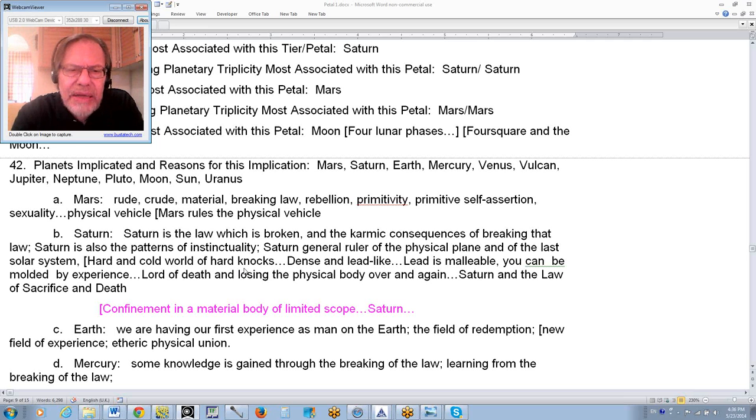But it was active in Atlantis. Still, the spirit must feel very confined. Right, that's Saturn, and it's the ruler of Capricorn, which is the first of the signs connected with the Earth triplicity and assigned to the first of the petals.